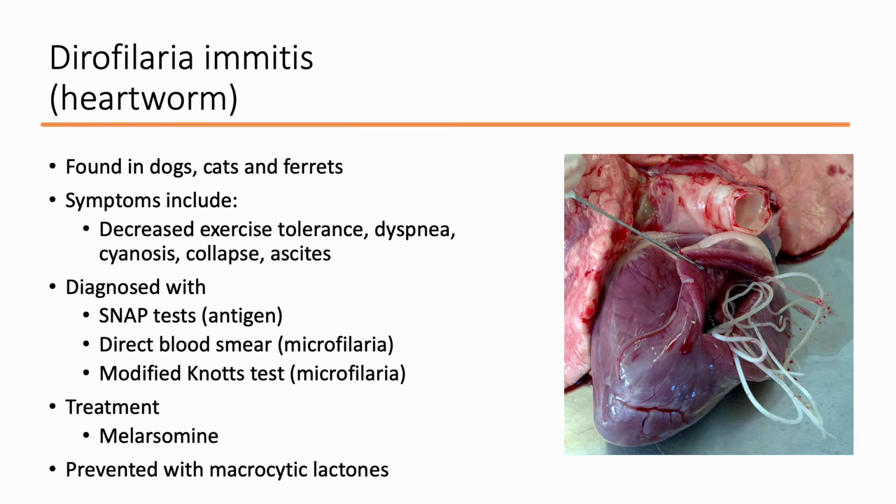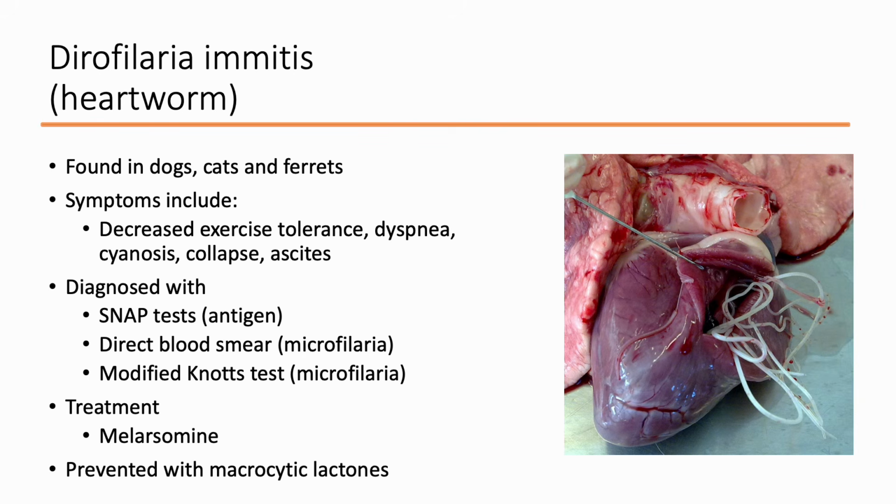Dirofilaria immitis is commonly called heartworm infection, and this is typically found in dogs, cats, and ferrets. When animals are infected, they have respiratory symptoms because the adult worms live in the right pulmonary arteries, and so they're blocking the blood flow between the heart and the lungs. Our patients might have difficulty exercising.